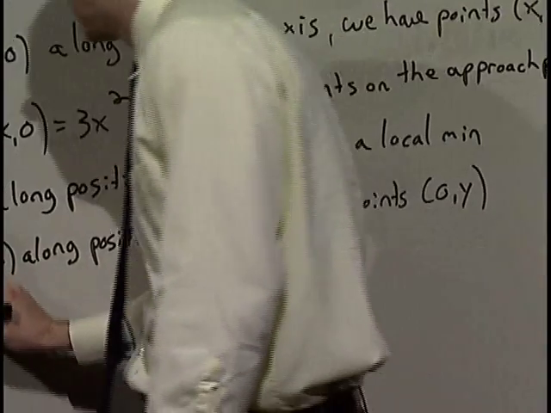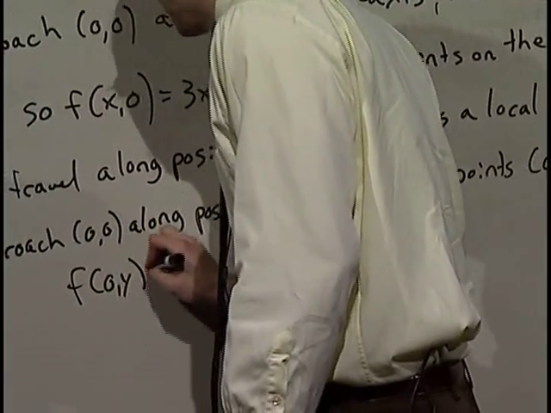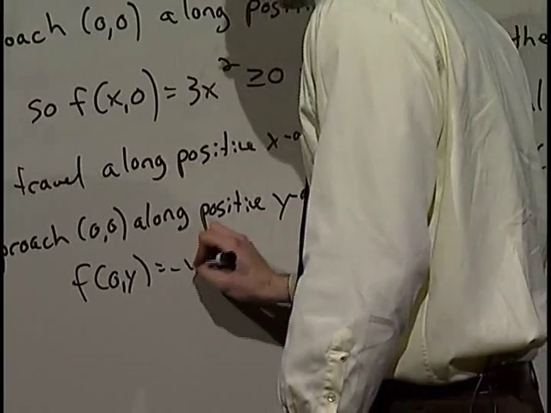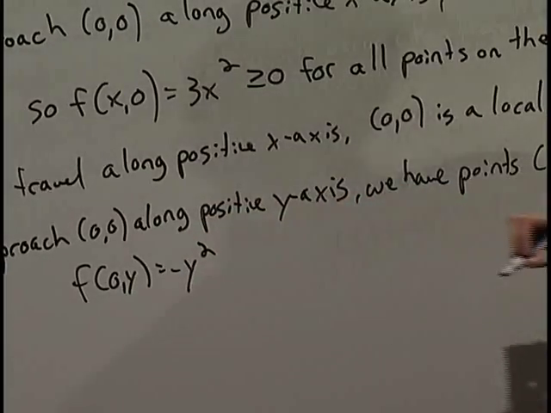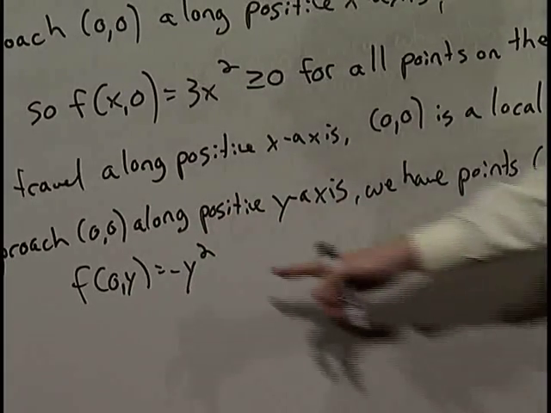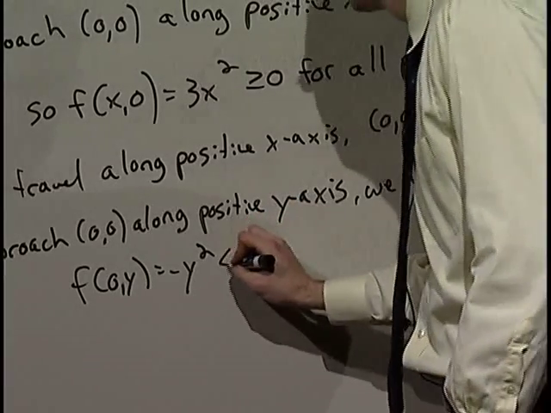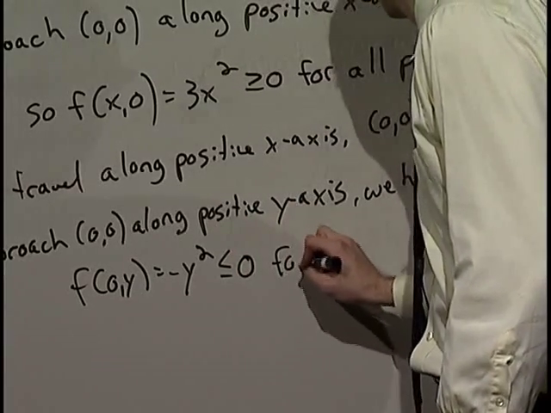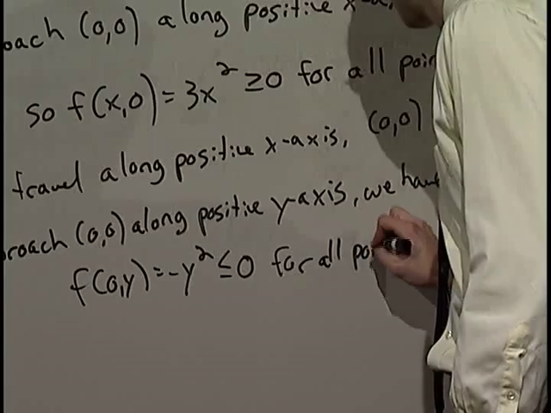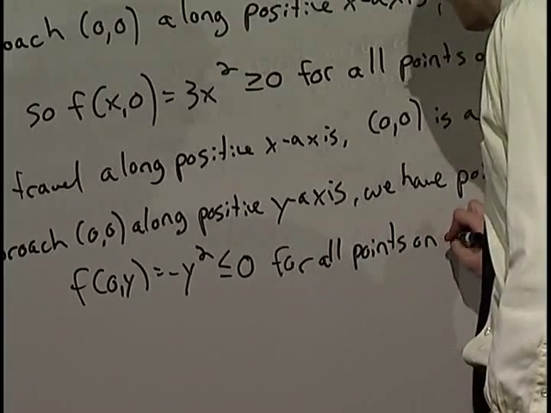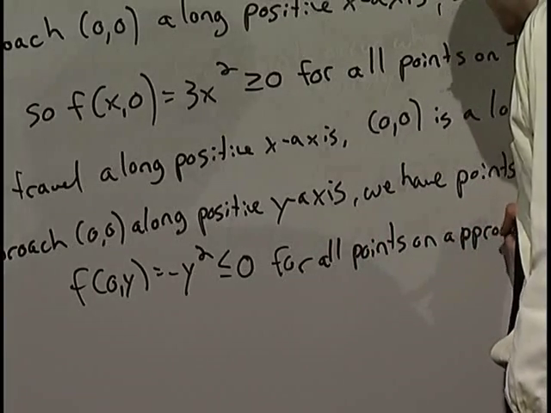So f(0, y) gives you what? Negative y squared. Well, this is always going to be less than or equal to 0 because it's negative, right? For all points on the approach path.